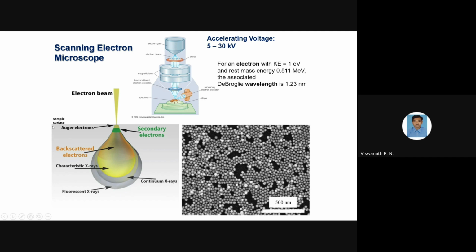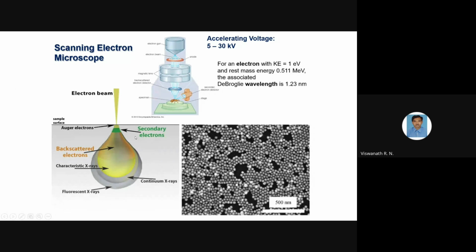When the electron interacts with the matter, secondary electrons, backscattered electrons, Auger electrons, X-rays and fluorescent rays are produced. Each carries different information. Suppose I want to collect the image, then people use a detector sensitive to secondary electrons or backscattered electrons.